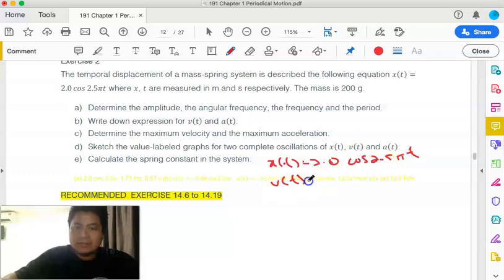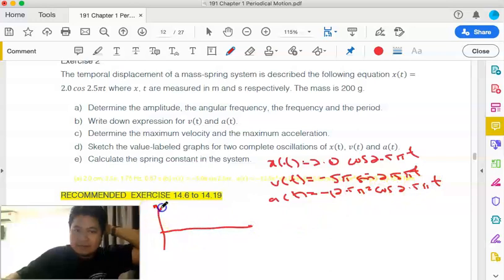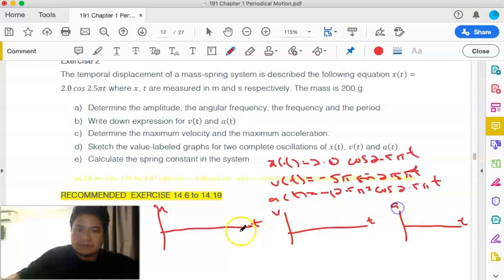Velocity is negative 5 pi sine 2.5 pi t, and then acceleration is negative 12.5 pi squared cos 2.5 pi t. First let's look for x versus time, velocity versus time, and acceleration versus time.